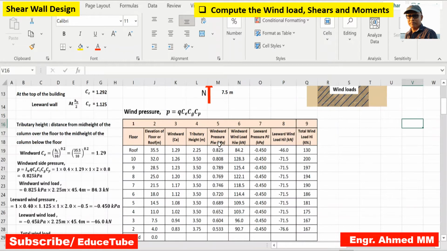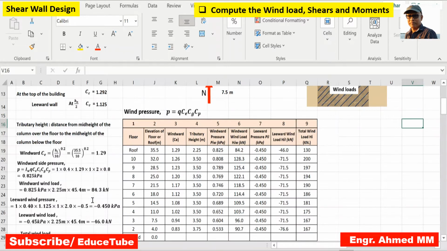Then we find windward pressure, windward wind loads, leeward pressure, leeward wind loads, and total wind. Basically, with this table, our target is to find the total wind load on each floor.